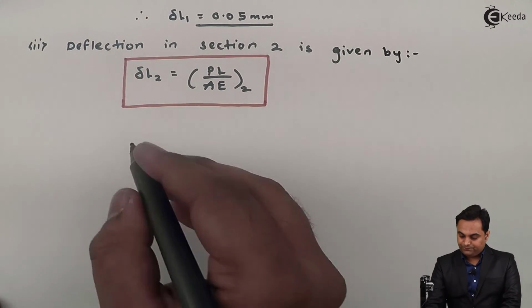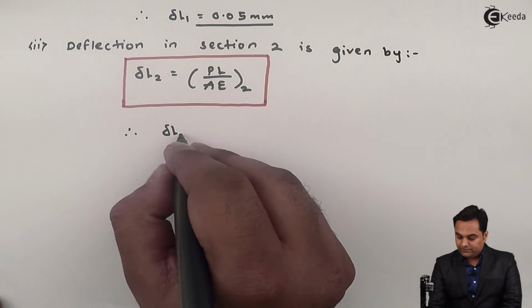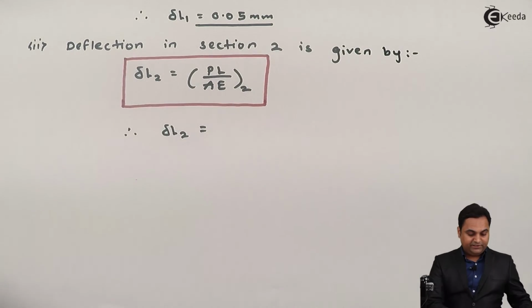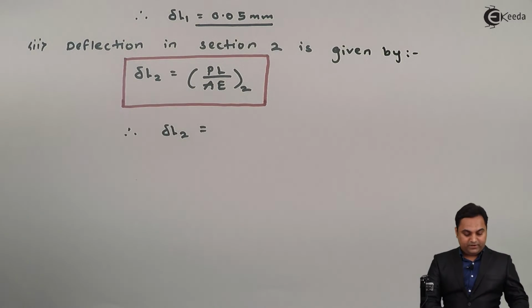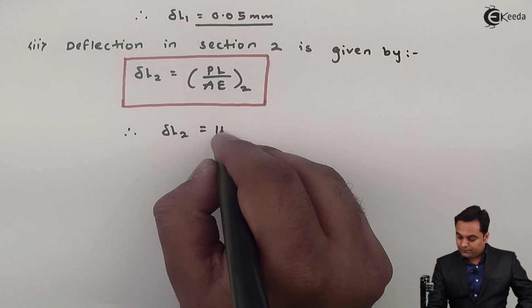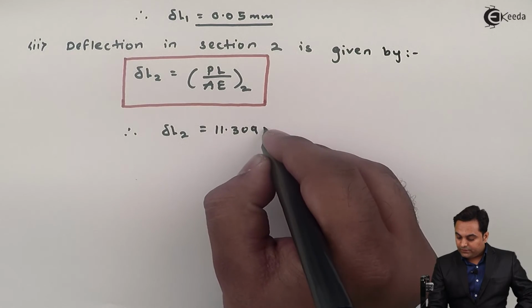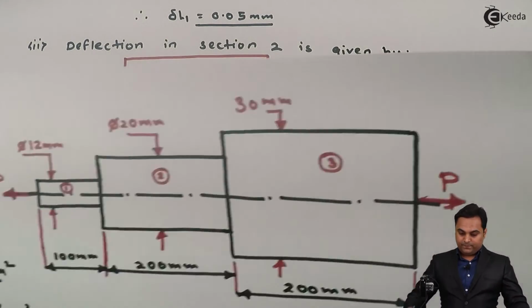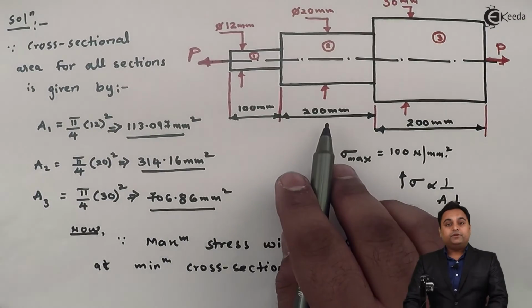So therefore, deflection is equal to maximum axial pull, which we have calculated, 11.309 into 10 raised to 3. Length of the second section is 200 mm.